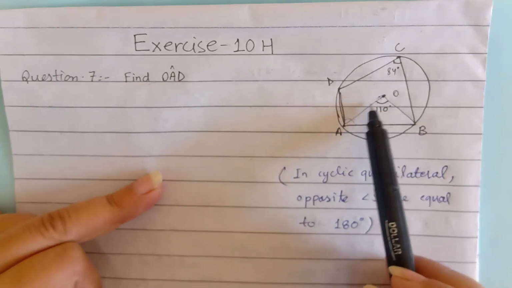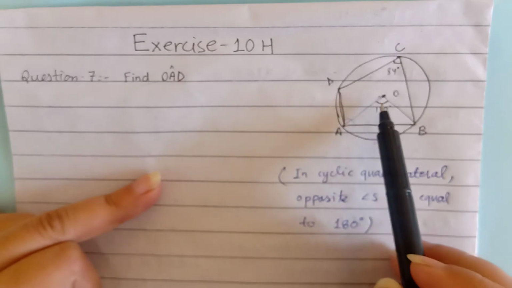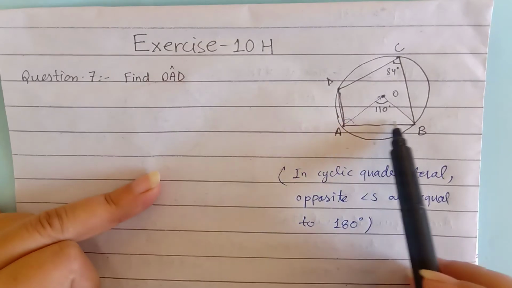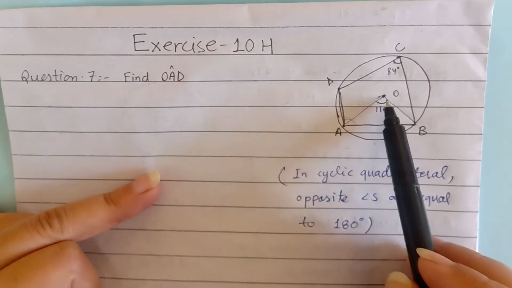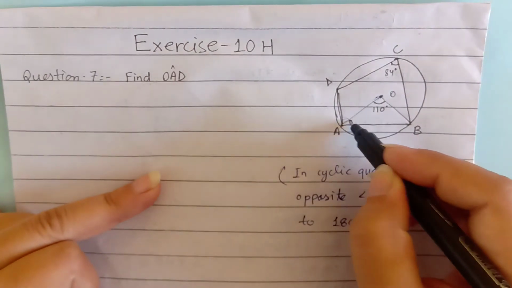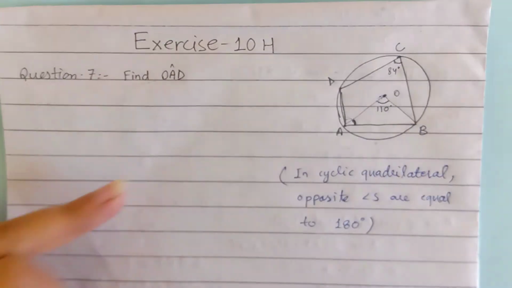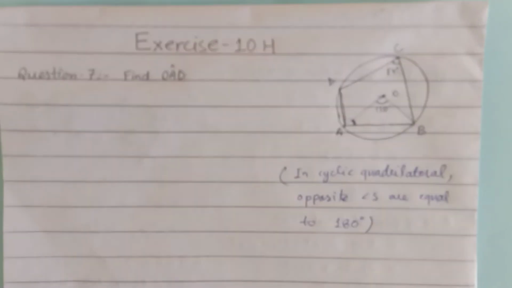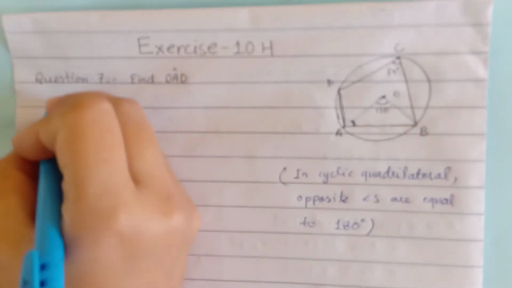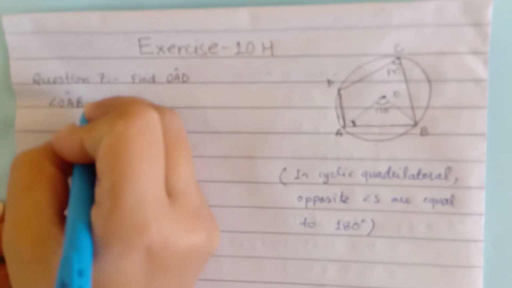This angle OAD. Firstly, I have this triangle and I know that it's an isosceles triangle, so I can find this angle very easily. To find it, I'm first going to find the angle OAB, and how can we find that?